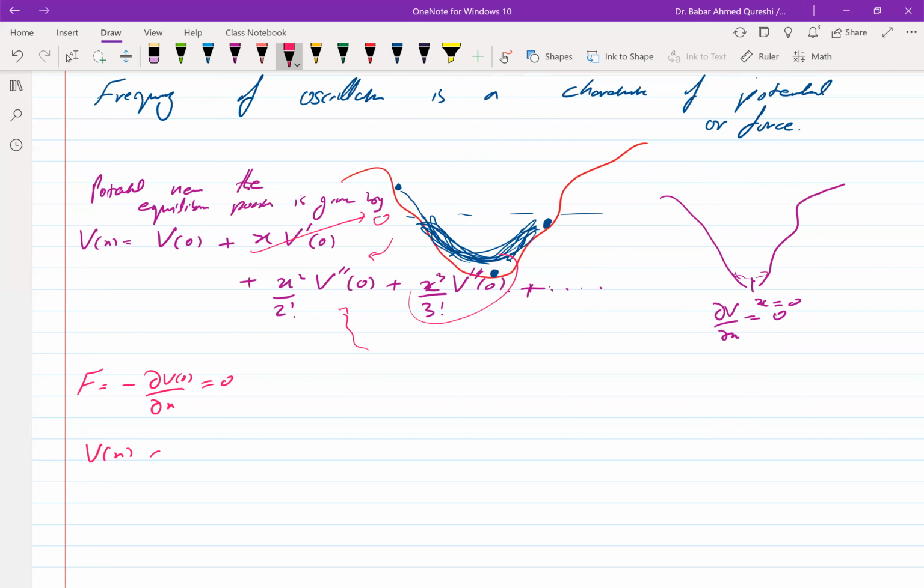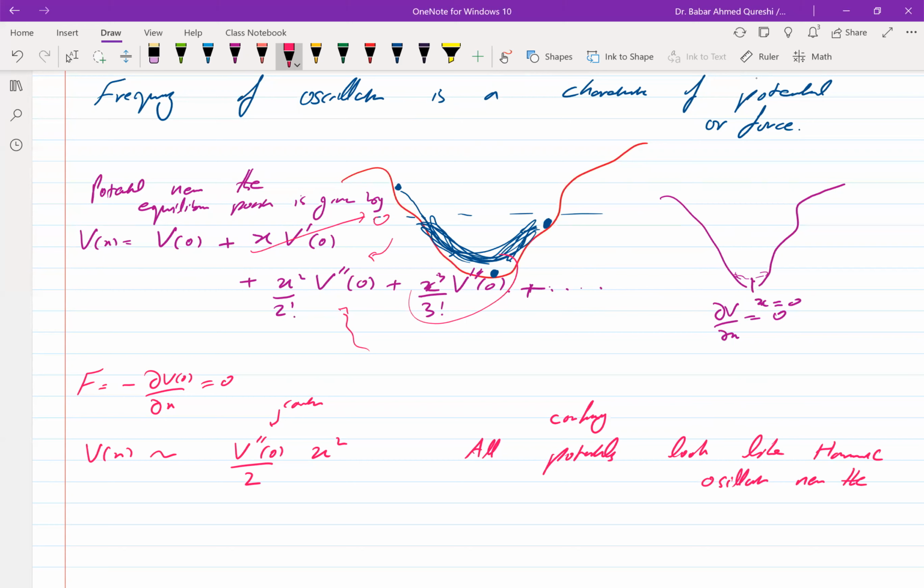So you can approximate it by, this is a constant, times x square. So all potentials, at least confining potentials, look like a harmonic oscillator near the equilibrium.